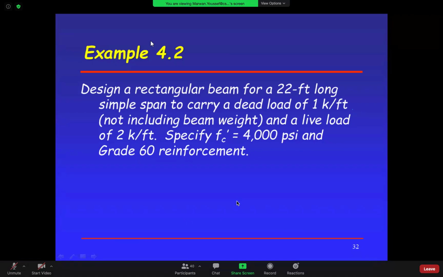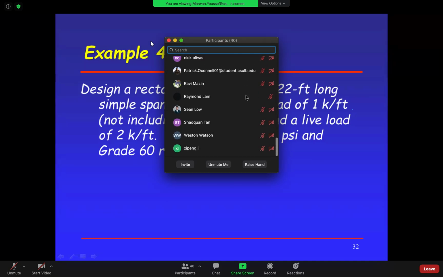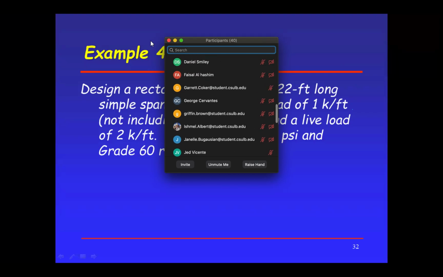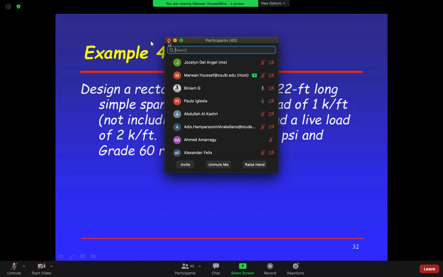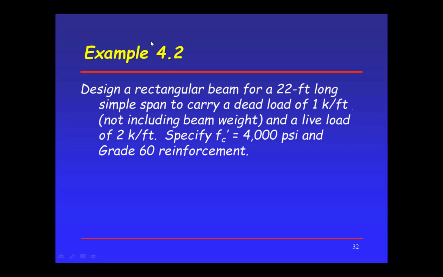Oh, I see. What does it mean again by grade 60 reinforcement? There are different grades. So you have the 60, the 40, and then the 90. I don't know the other ones. So for different grades, you have different requirements for the reinforcement. That's true. I think there's a table for that, I believe. I'll look through it again.